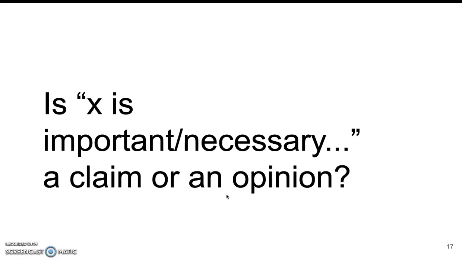We also want to avoid the phrase X, or whatever your topic is, is important or necessary. We say that's more opinion than claim because what I find important is probably different from what you find important. I mean, for teaching, I'm highly invested in teaching. I love English. But if you're in STEM, you probably hate this class. That's okay. So I would avoid then saying, hey, X is universally loved.